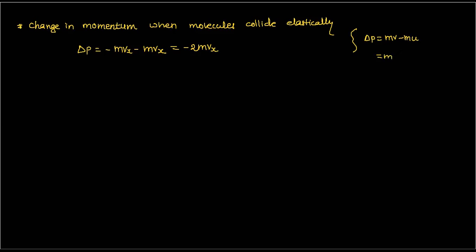So this is m times minus u minus mu, that is minus mu minus mu, which is equal to minus 2 mu. Same case here, where u is nothing but Vx. So you get delta P is equal to minus 2 m Vx.